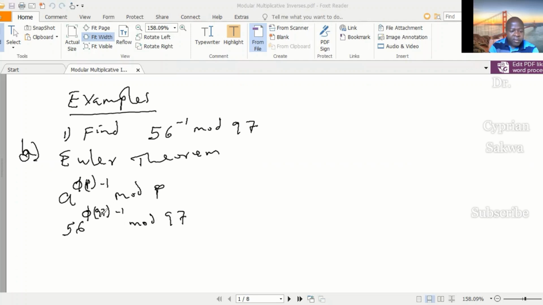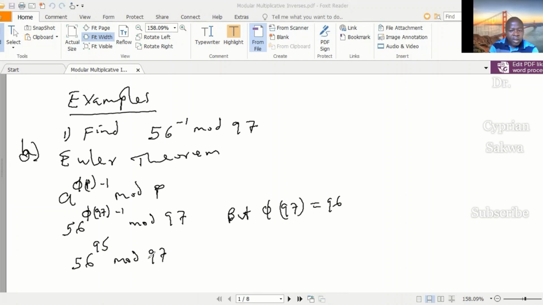But what is phi of 97? 97 here is a prime number. So if it's prime, we know that phi of 97 is 96. And then this inverse will be given by 56 raised to 96 minus 1, which is 95 mod 97.